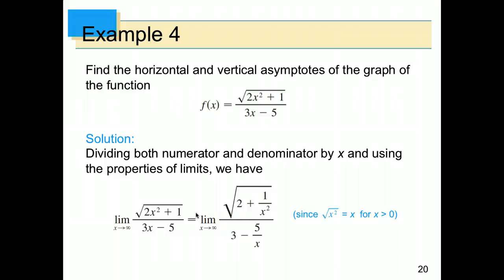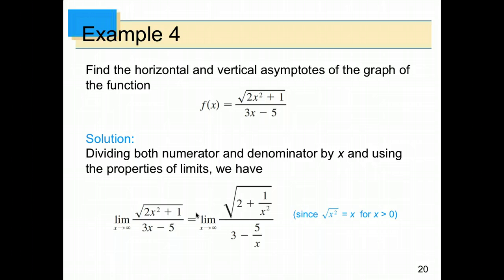And now remember, since radical x squared is equal to x for x bigger than 0, and since we're finding that limit as x goes to infinity, we can use the fact that radical x squared is just x, okay?